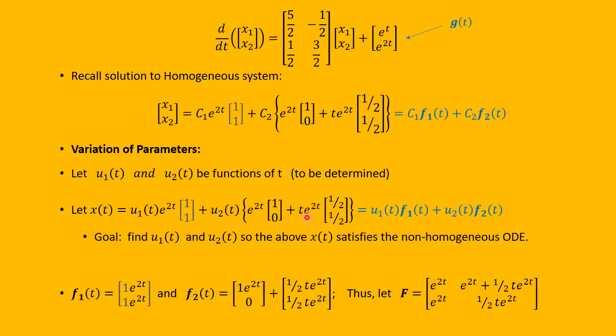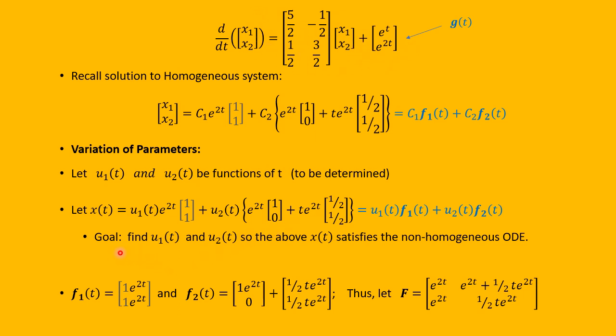So basically we just replaced the c1 and c2, which were arbitrary constants, with functions that at this point are unknown to us, u1 of t and u2 of t. Now we want to figure out what u1 and u sub 2 have to be for this stuff to be a solution to the non-homogeneous problem that we have up here.